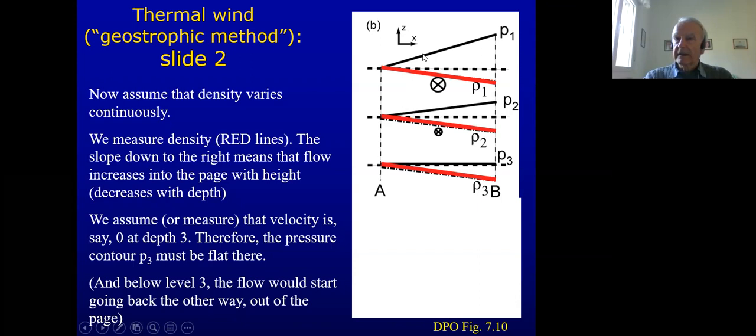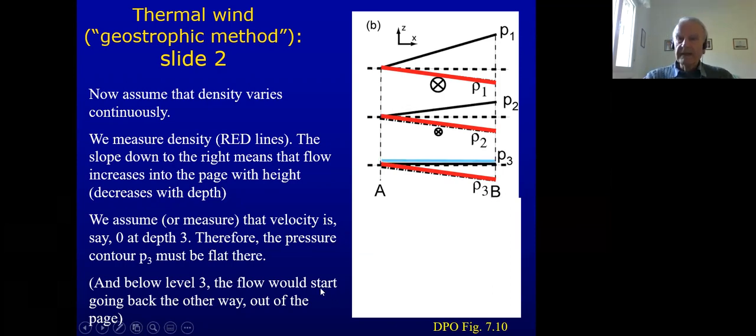At the surface, this pressure contour or pressure line exactly corresponds to the sea level. If you go deeper, then the horizontal pressure gradient becomes less sloped. And at a certain depth, the pressure contour becomes horizontal, because this is compensated by the density.